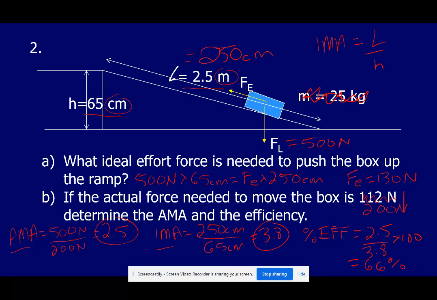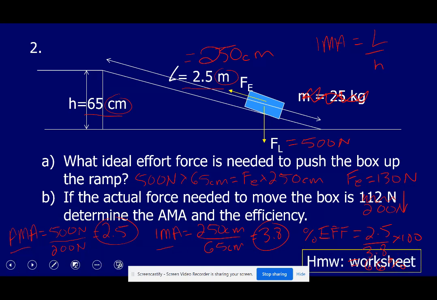Now, the reason we're squeezing percent efficiency into this machine is because this is the first machine that we see that friction really is a major factor. Unless this box is on wheels or something like that, something to reduce friction, then friction is going to be a major issue with the inclined plane as a machine compared to the wheel and axle and compared to the levers.